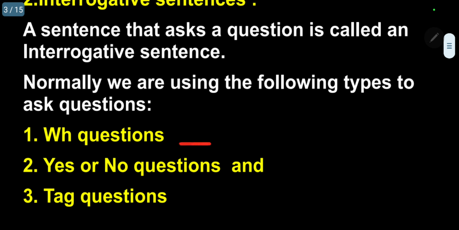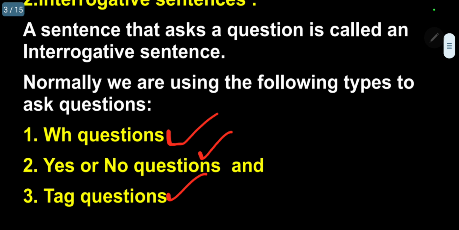They are: 1. WH questions. 2. Yes or no questions. And 3. Tag questions. Only in these three ways can we raise questions.